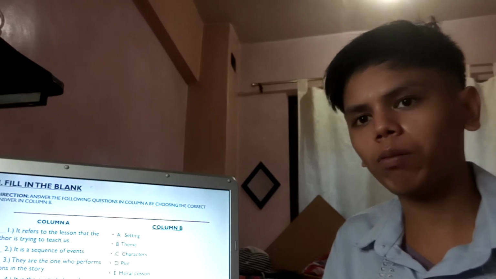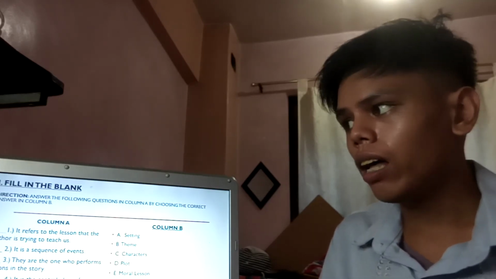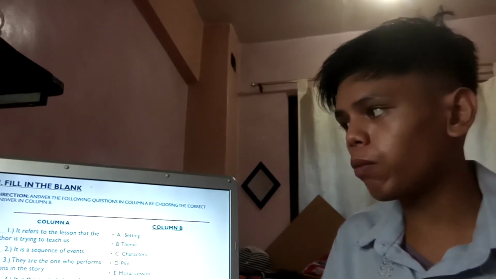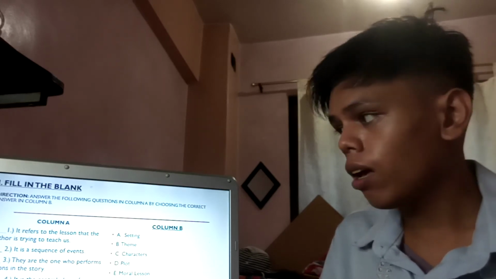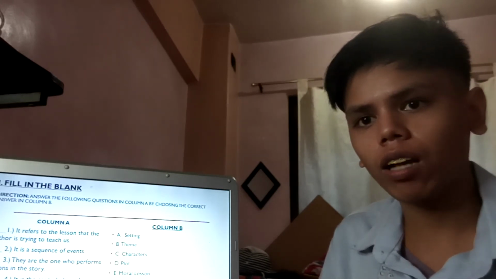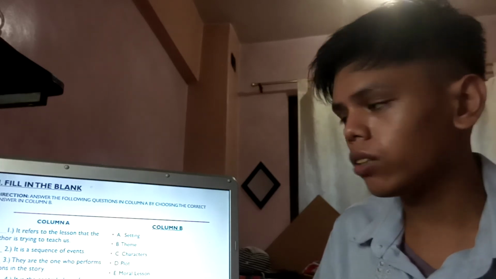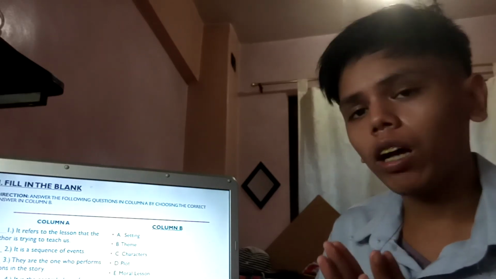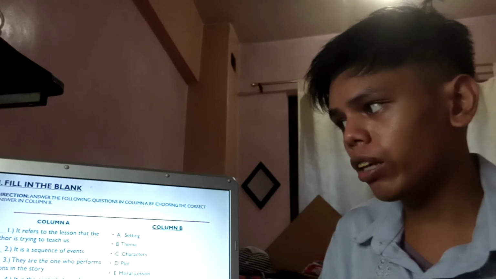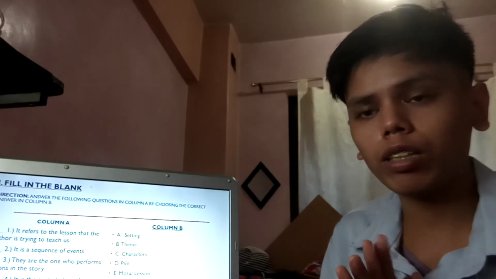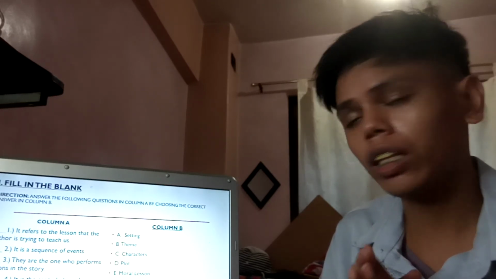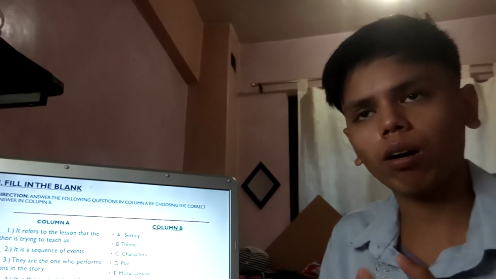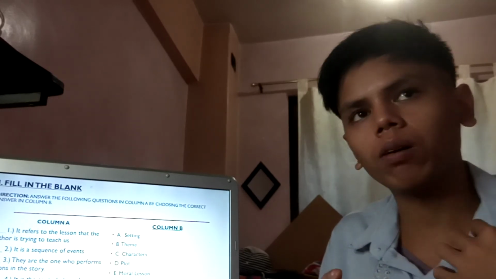Okay, so the first quiz is fill in the blank. Direction: Answer the following questions in column A by choosing the correct answer in column B. Write your answers on your paper.